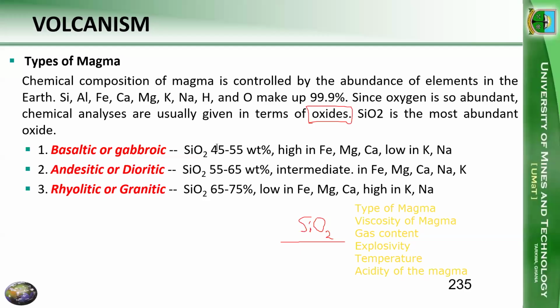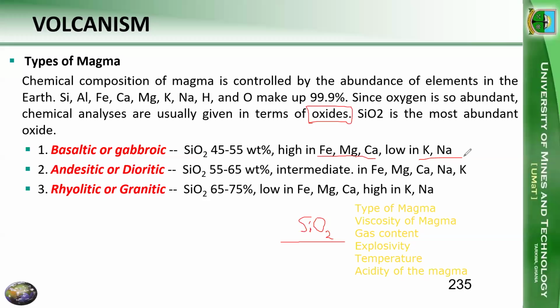Then the andesitic magmas have silica content between 55 to 65%. And the rhyolitic magmas have silica content between 65 and 75%. Correspondingly, we expect high contents of magnesium and iron in the low silica magmas, high magnesium, iron, and calcium, but low amounts of potassium and sodium.